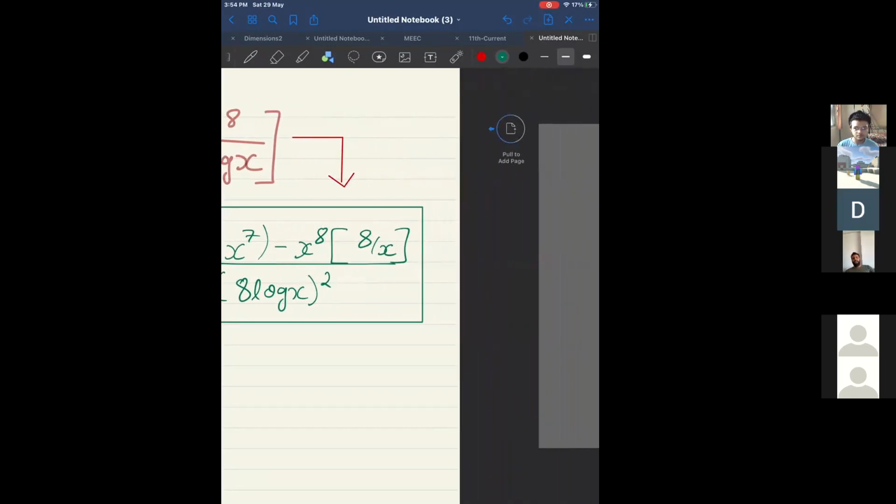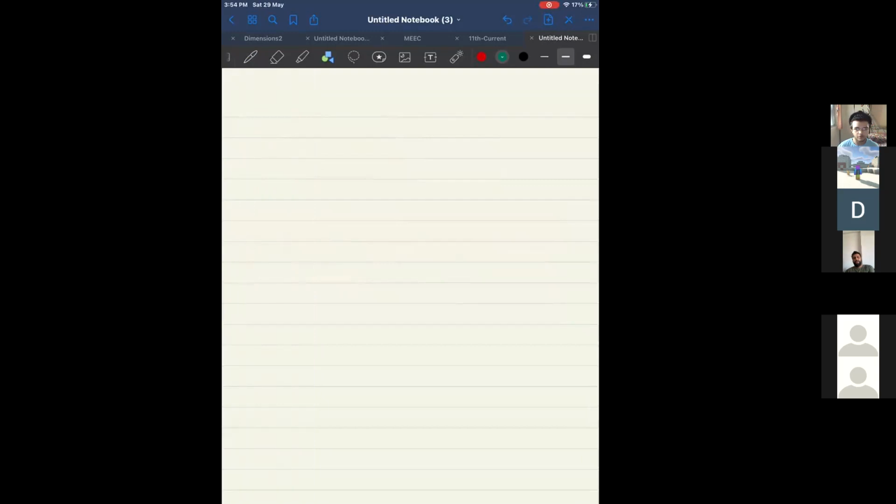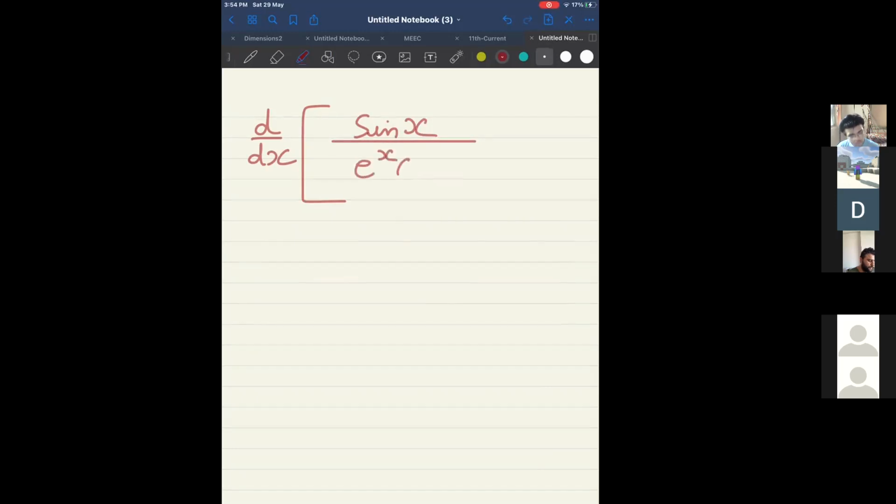Yes, sir. Now, let me take one level higher, and this time it is a combination of product rule and quotient rule. Check it out. I hope you understood why it is a combination of quotient rule and product rule. You should understand why.